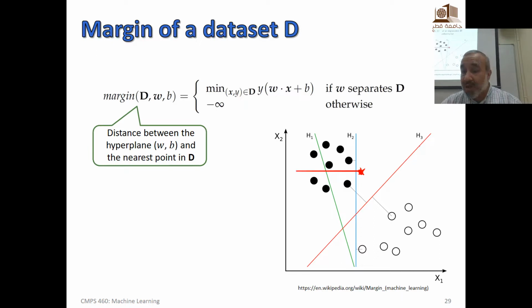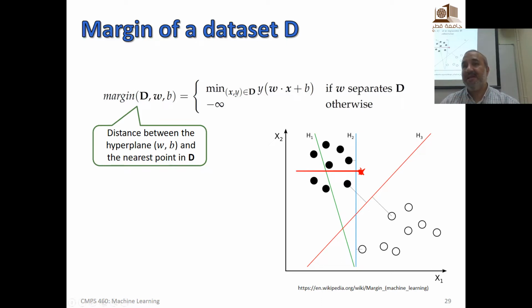So this model will actually generalize better, because it is far from the positive side and far from the negative side. It's not close to one of them. When we are far from both sides, we are in a safer location between both. So the points close to the positive side will be predicted as positive, and the points close to the negative side will be predicted as negative. So H3 is better than H2.